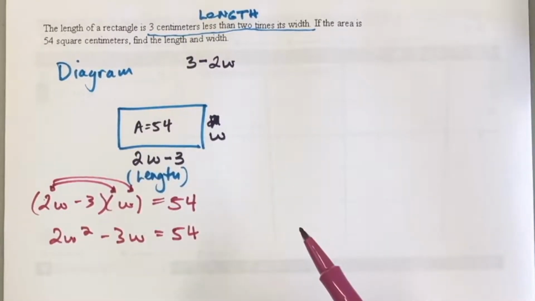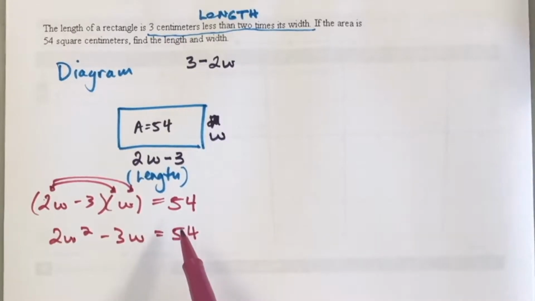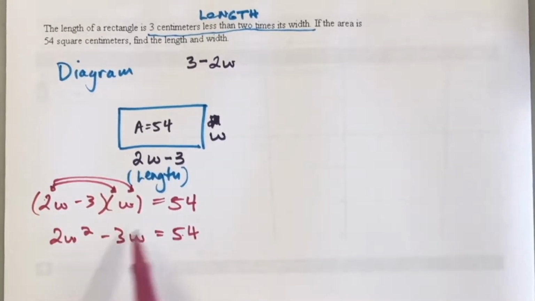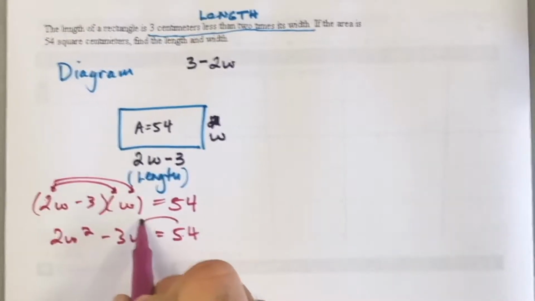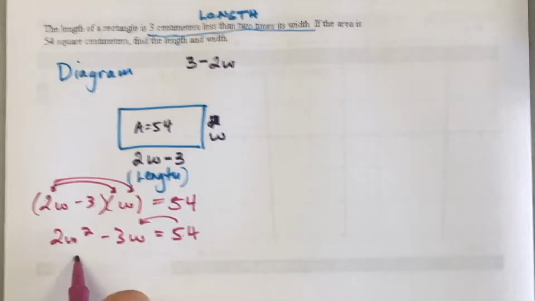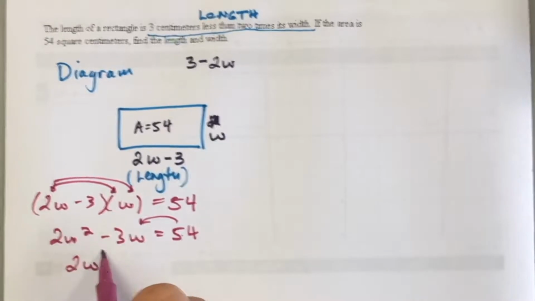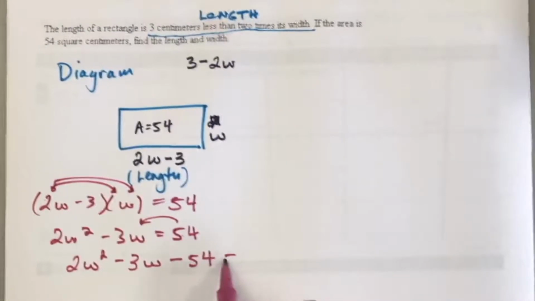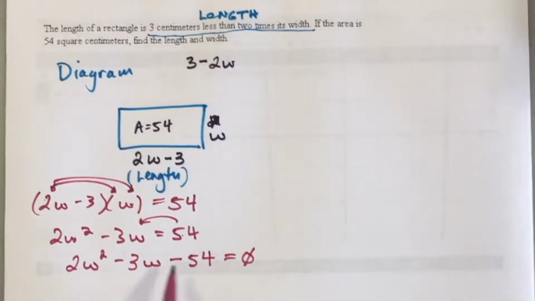And there's this idea in math, in algebra, where if you get a quadratic, right? If I'm able to bring this 54 to this side by subtracting 54 from both sides and set it equal to 0, I can essentially find what W is equal to, right?